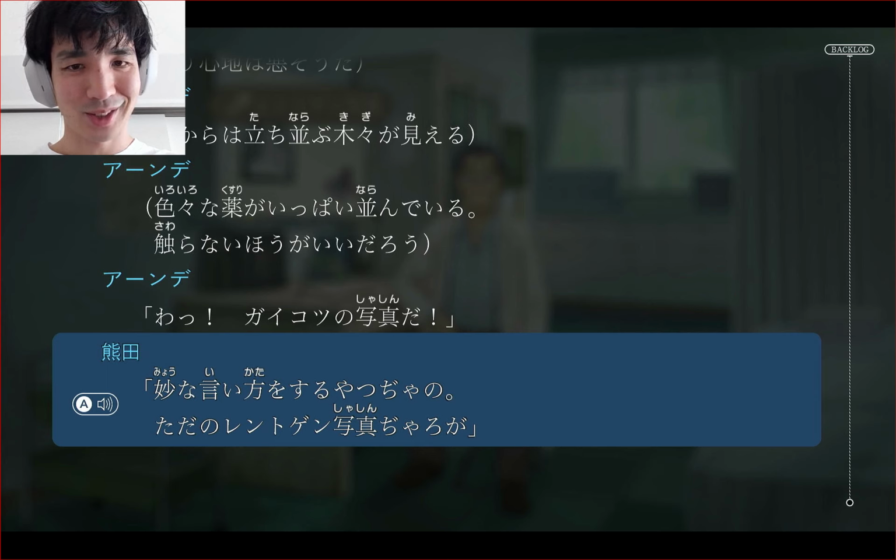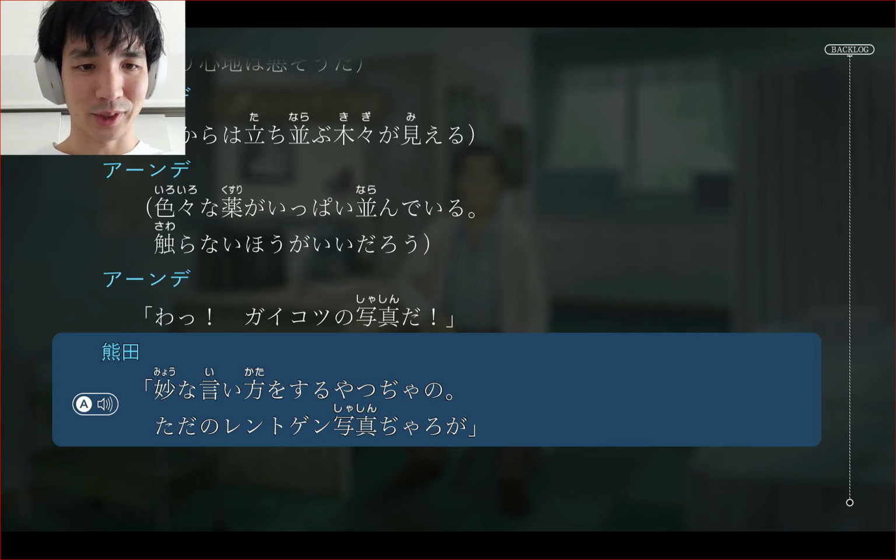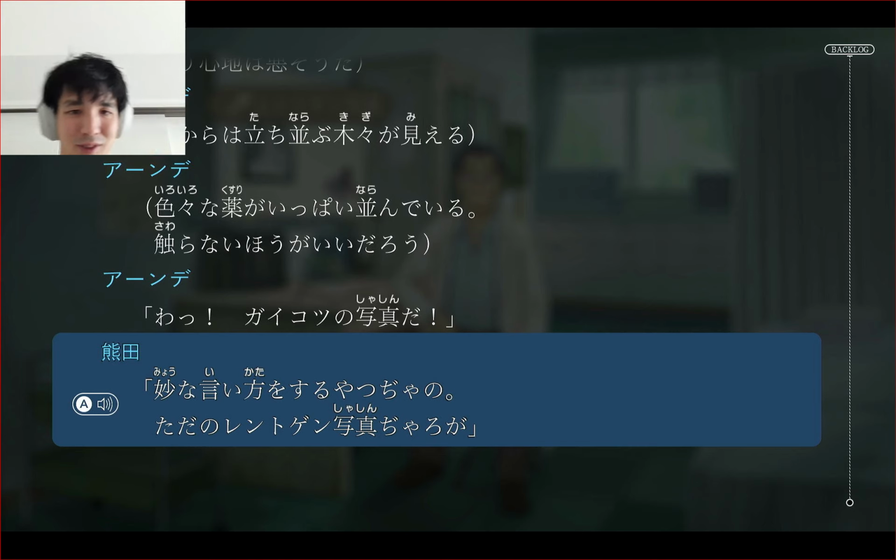German physicist Wilhelm Röntgen discovered X-rays and was awarded the first Nobel Prize in Physics for the discovery. Well, there you go. Germans invented X-rays. Ah, that's cool. So Japanese actually don't call them X-rays. They name them after the guy who invented them. Röntgen shashin. Well then, why do we call them X-rays?